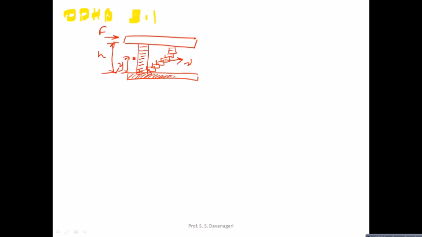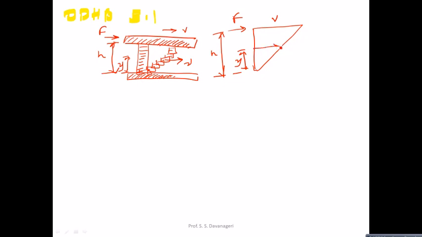Now if we consider a distance y from the bottom surface, the rate of change of velocity is different at this location. Let us take this as a small y, and the upper surface is subjected to the capital V velocity. Now if you consider the triangle, I'll just draw a triangle here.